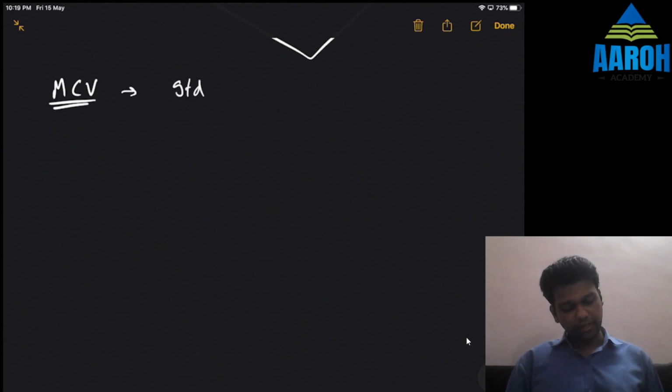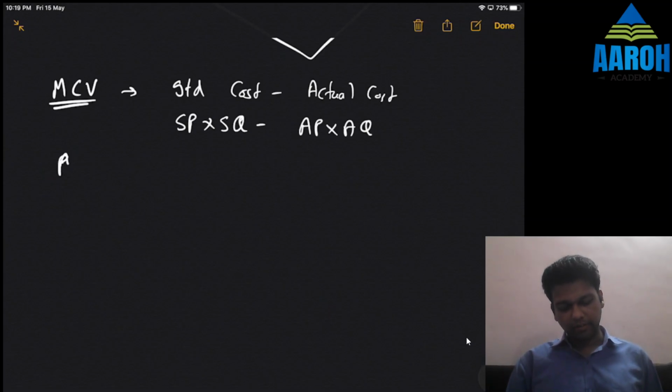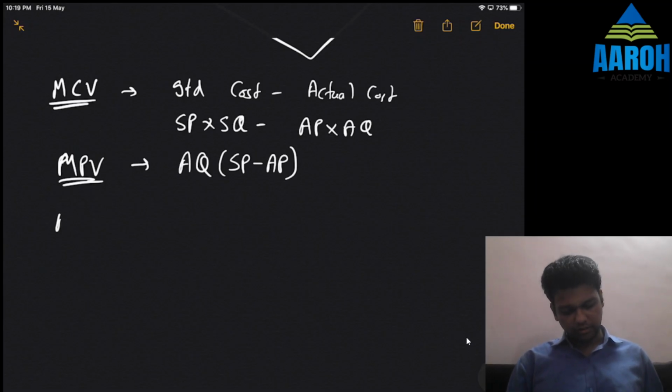Standard cost minus actual cost, which is standard price into standard quantity minus actual price into actual quantity. Material price variance, which measures the difference between price, is standard price minus actual price into actual quantity. Material usage variance is the difference in quantity multiplied by standard price.